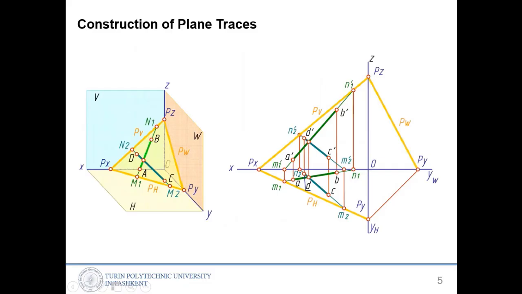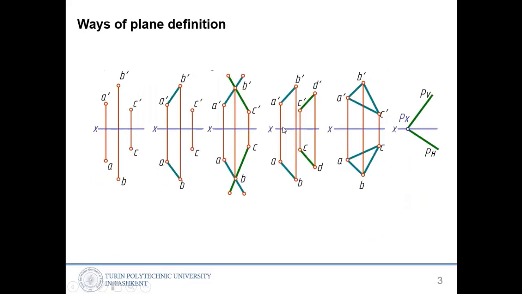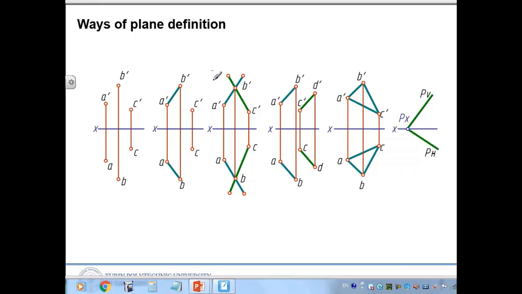Now, construction of plane traces. As we told you, planes can be given in many ways. Here it is given with two intersected lines. How do we find its traces, the traces generated on the projection planes?